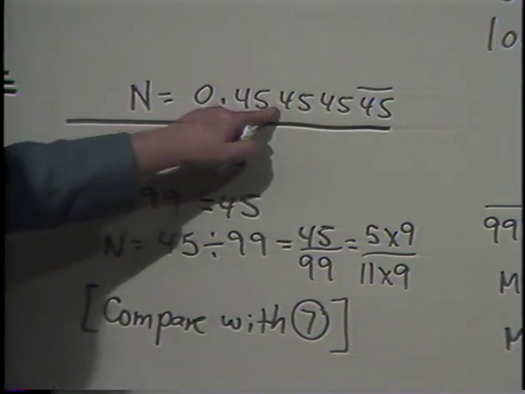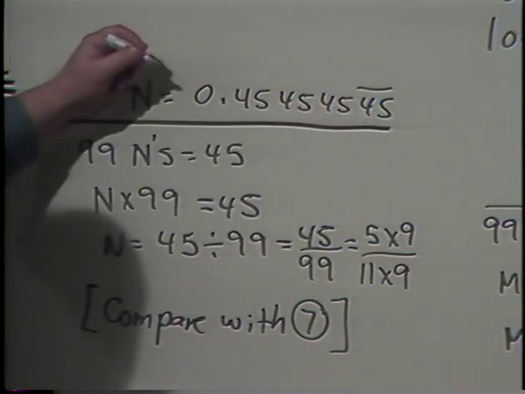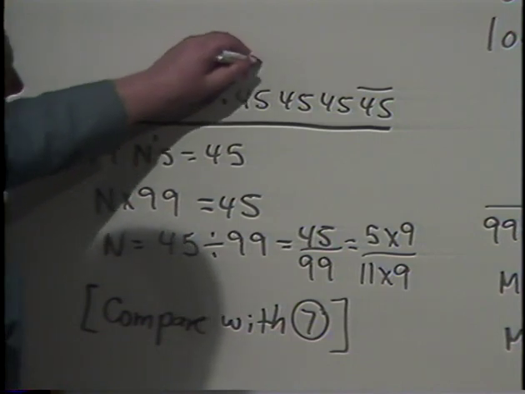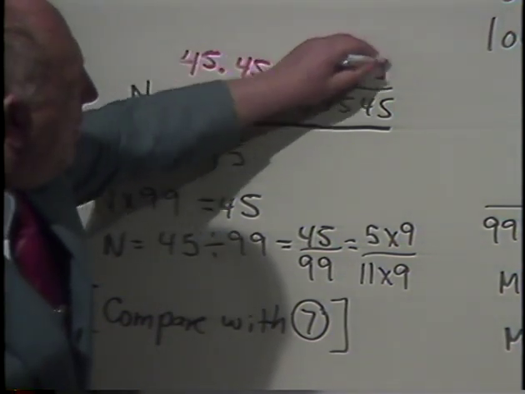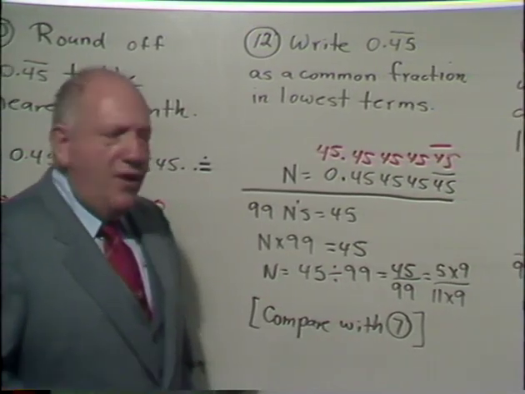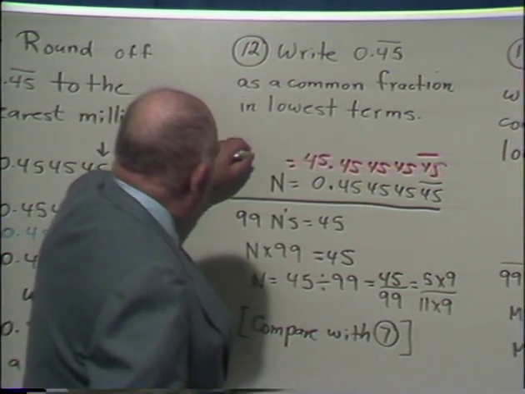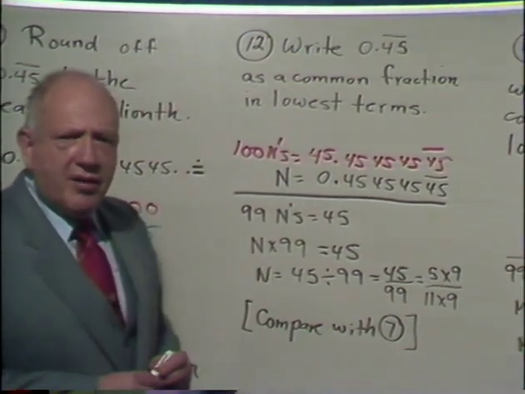I wind up with 45.454545 endlessly. By the way, what do you do when you move a decimal point 2 places to the right? You're multiplying it by 100. So if this was 1n, moving the decimal point 2 places to the right gives me 100 n's.